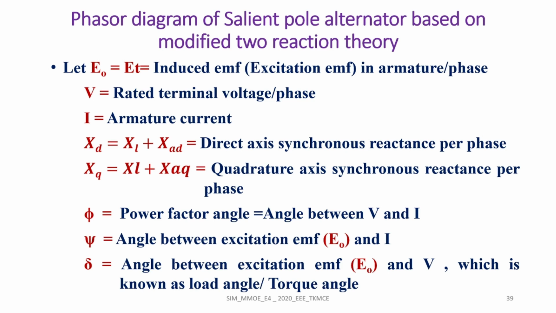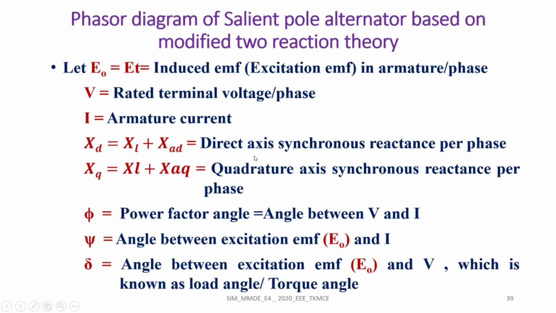The important parameters used for drawing the phasor diagrams are: first, E0, that is excitation EMF in armature per phase. V is the rated terminal voltage per phase. I is armature current. XD is direct axis synchronous reactance per phase. XQ is quadrature axis synchronous reactance per phase.